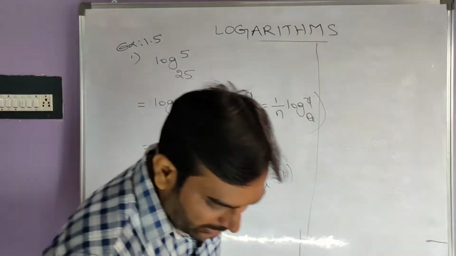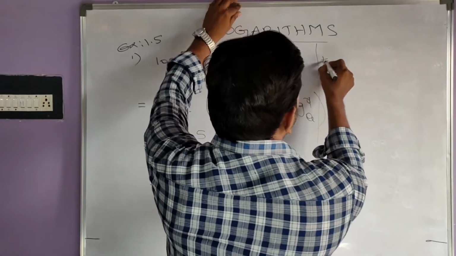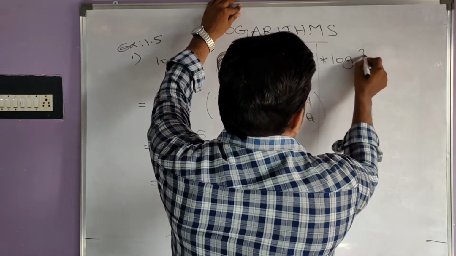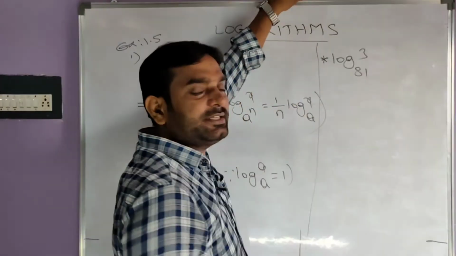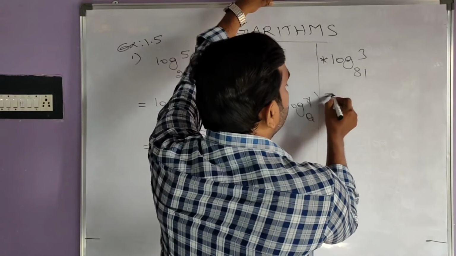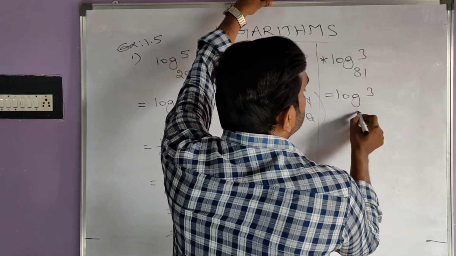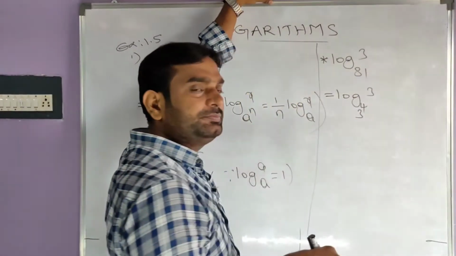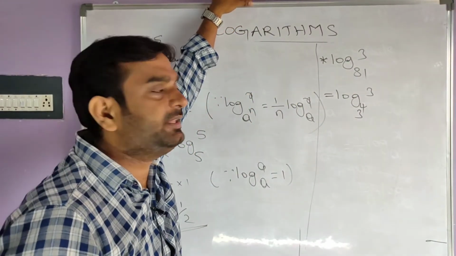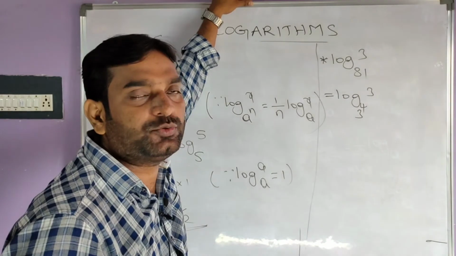Take another one. Log 3 to the base 81. 81 can be written in terms of 3 to the power of 4: 3 3s are 9, 3 9s are 27, 3 27s are 81. So 3 to the power of 4.